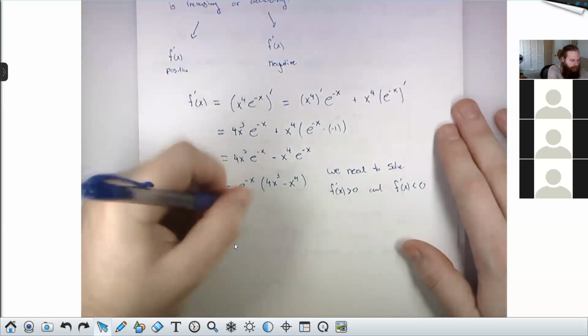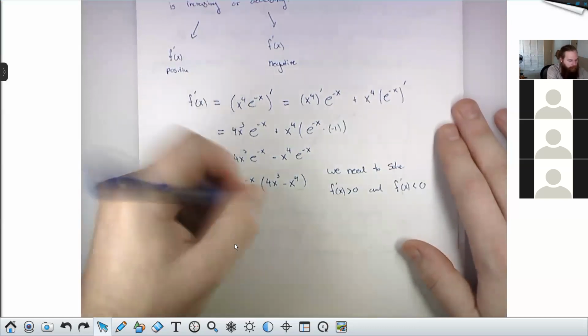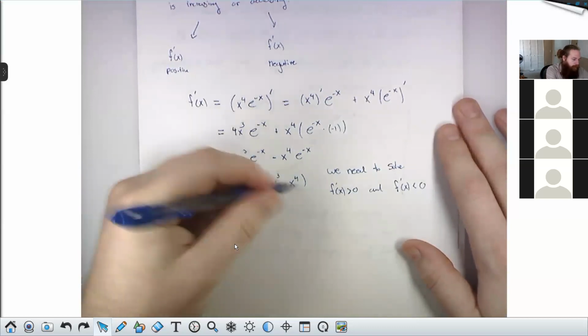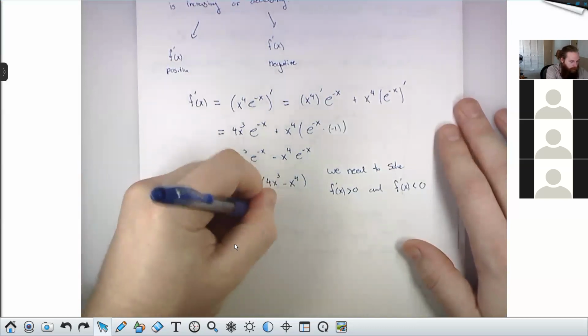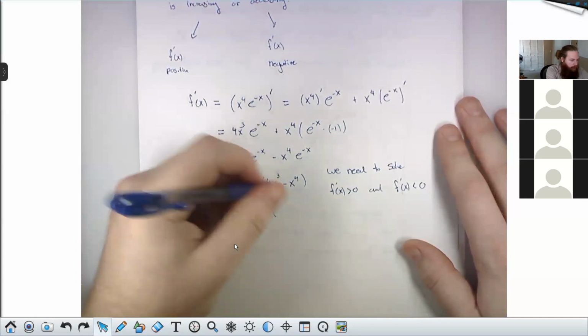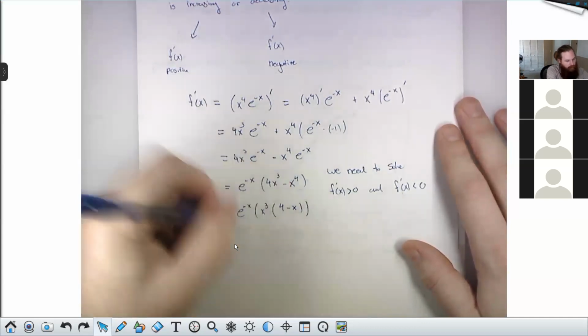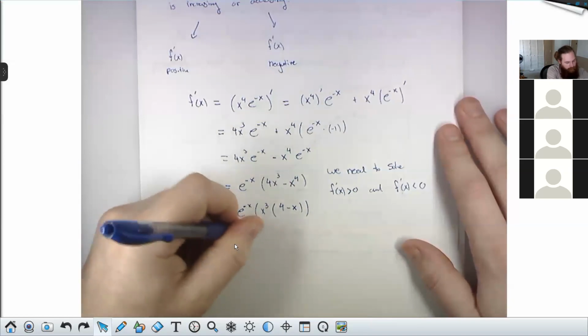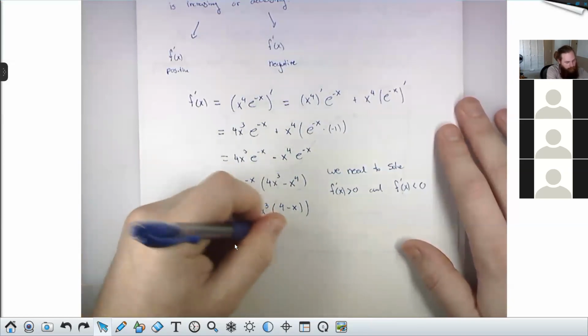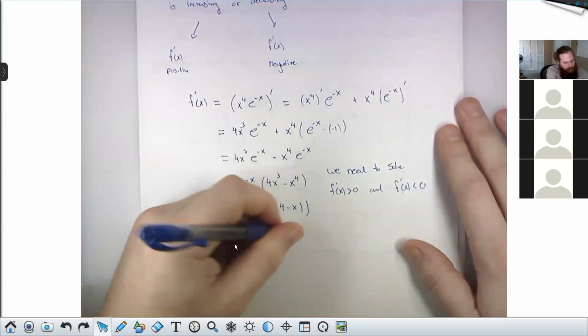So I'm going to go a couple steps further here. This is e to the negative x times, I can factor out an x cubed. And what will be left is 4 minus x. So this is e to the negative x times x cubed times 4 minus x.